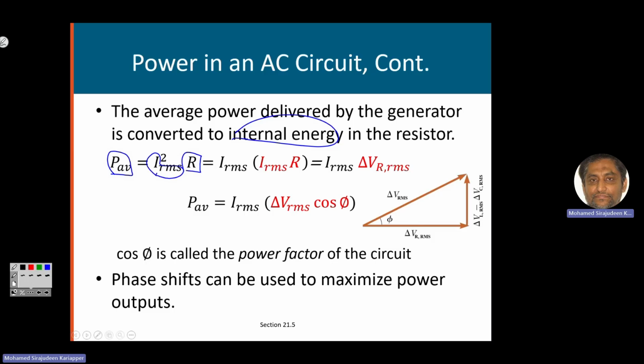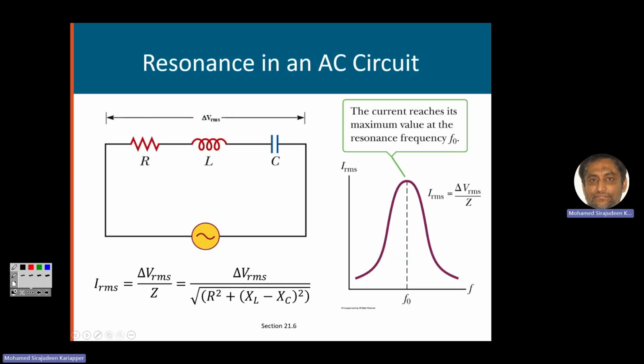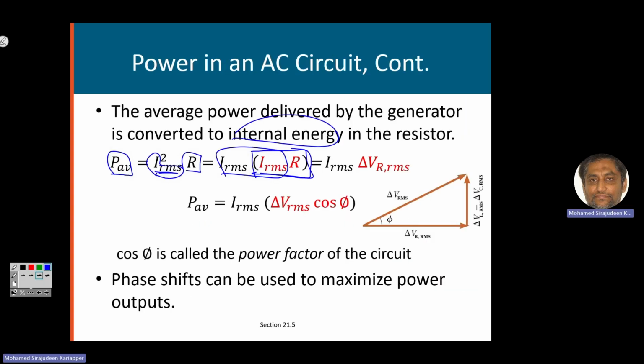Now I can write this square as two terms. Instead of saying I square, I will write I into I. So we can do that, right? Now why did I do that? If you look at this part, this is the potential drop across the resistor. So I will write for this the voltage across the resistor.